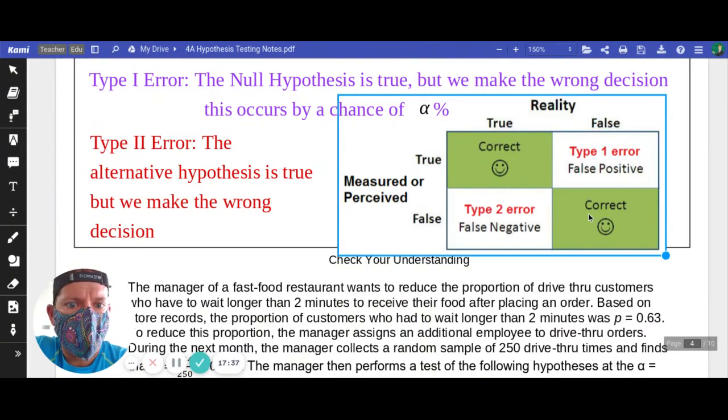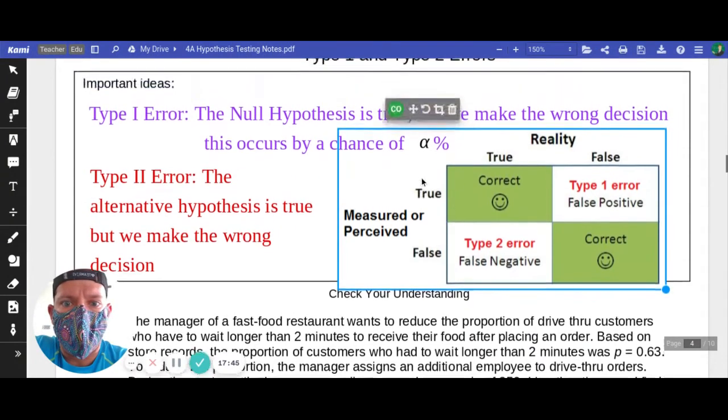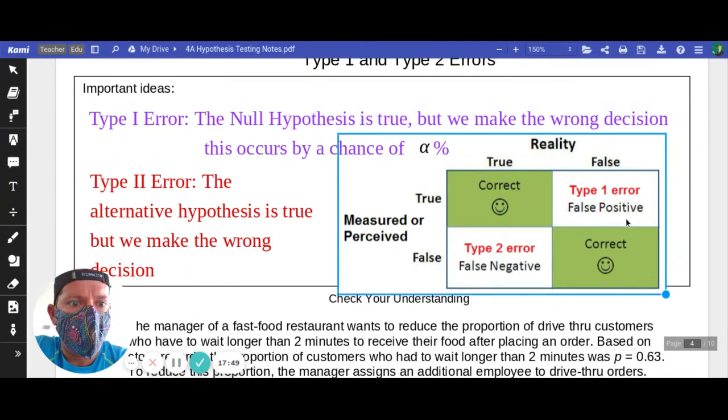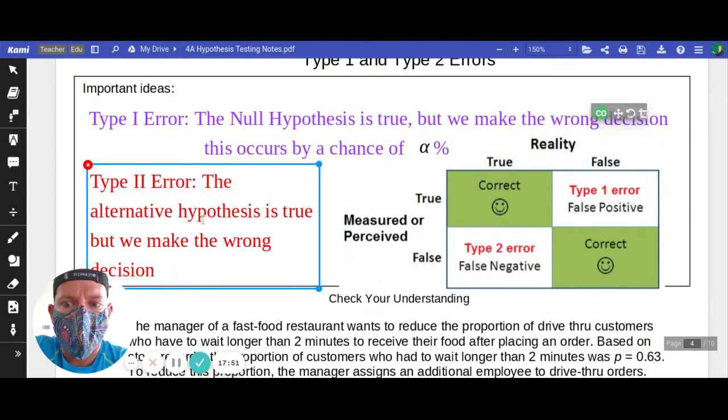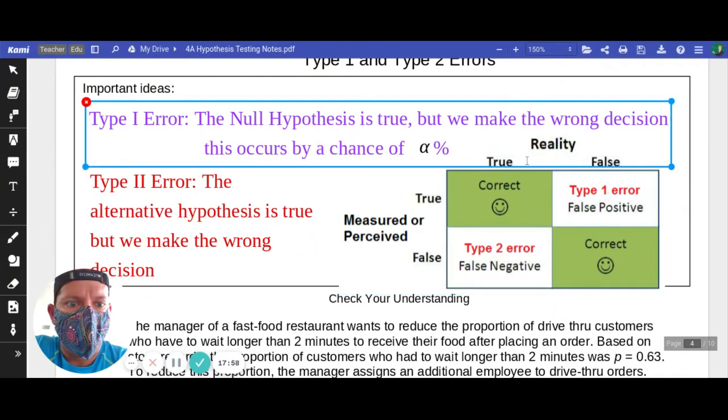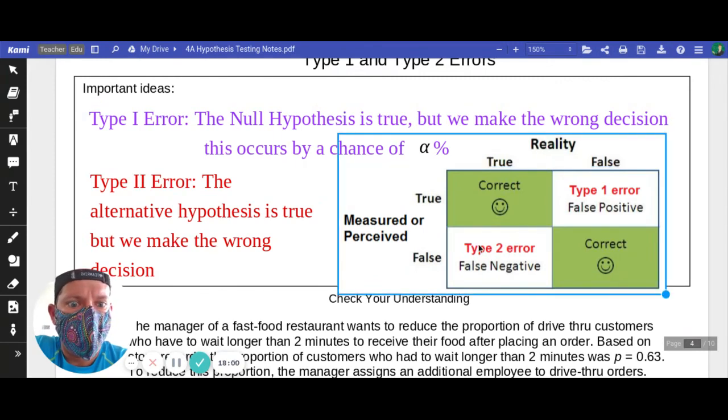We have false and false, we're right, with our measured or perceived what we say happens versus the reality. If the null hypothesis is true, but we make the wrong decision, we have a type 1 error, a false positive. Versus type 2 error, if the alternative hypothesis is true, but we say that in reality it's false, we make the wrong decision, we have a false negative there.